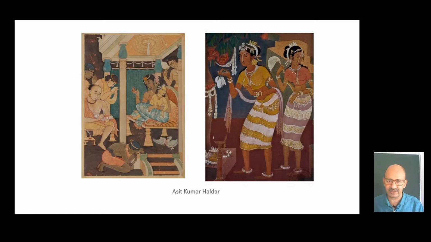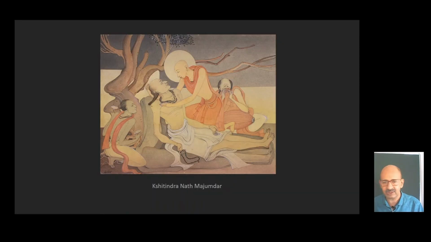So even when Ashit Kumar Haldar is almost directly copying the style from Ajanta, he is using his own details besides maintaining certain Ajanta norms in terms of style, dress, detailing, etc. So these are the forms of cultural resistance we are talking about, where the British interest nowhere was reflected.